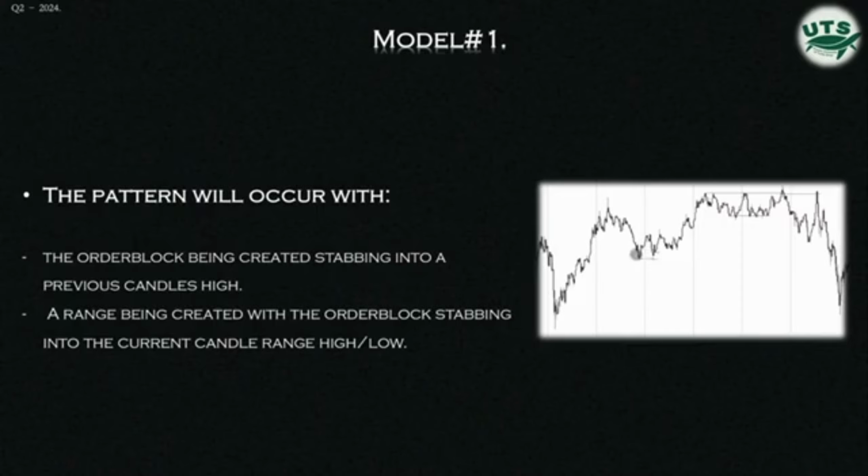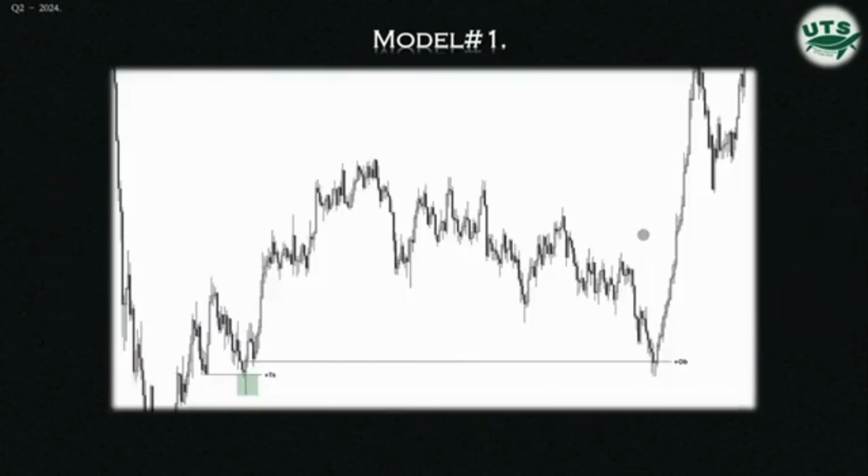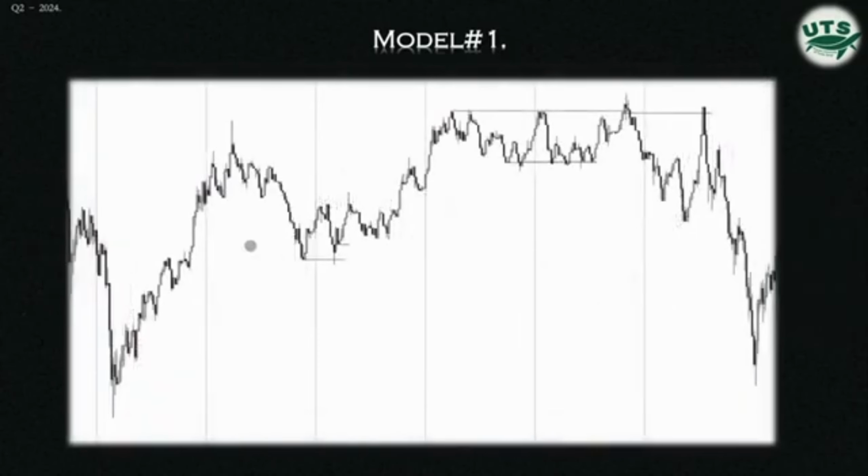You have the previous candle's low being stabbed into and closed above. One specific candle causes the rally. Previous candle's high, stab into it, close below, confirm. One specific candle causes the dump.